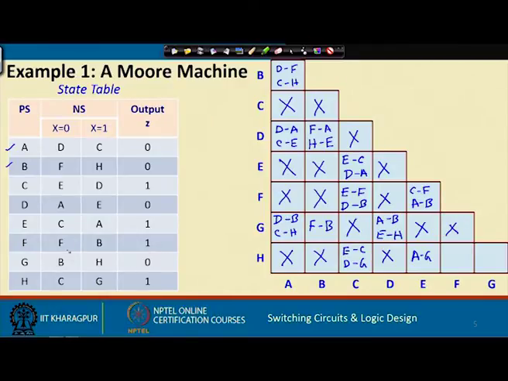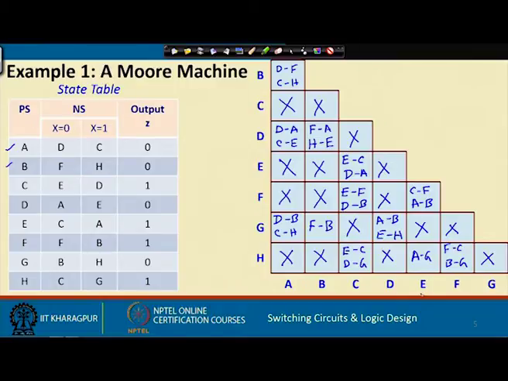F and H: F C, B G. And finally, G and H outputs are different. So, you see this is the first iteration of this implication chart that we have found out.